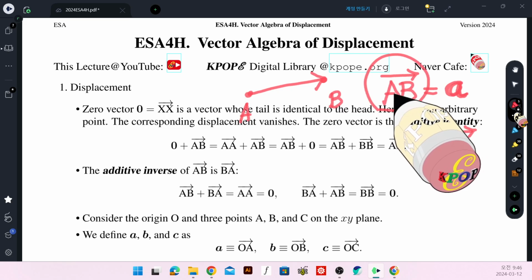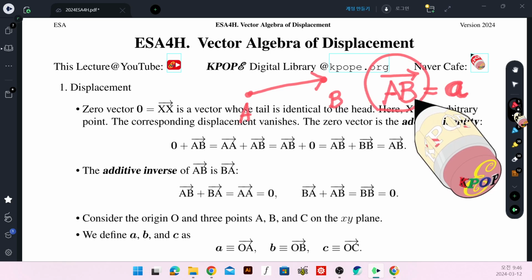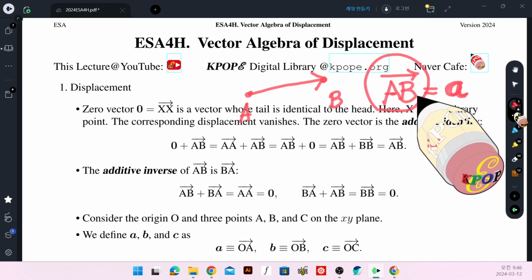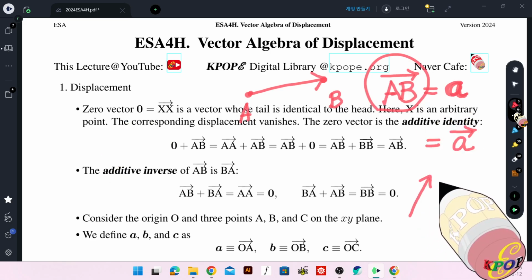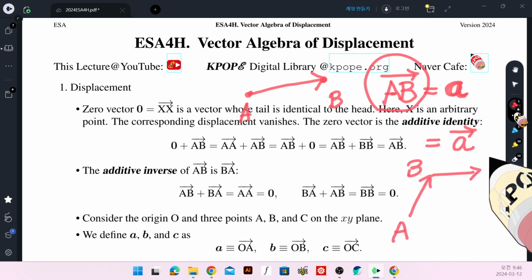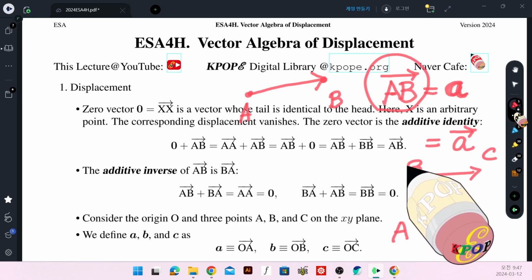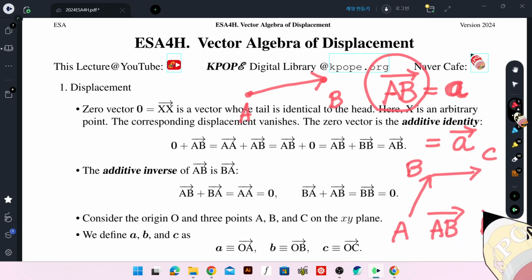It shows the tail and head of the arrow. So if I connect three points, for example, A, B, and C, I can define the addition of displacement vectors. The first one is AB arrow, and the second one is BC arrow.